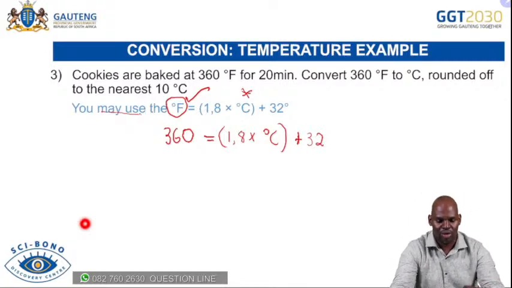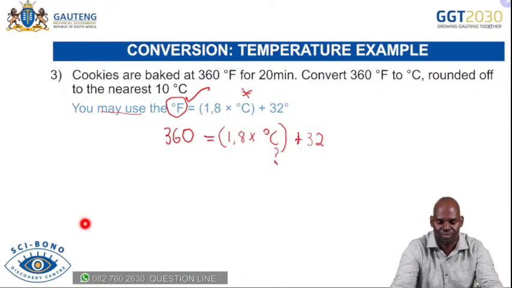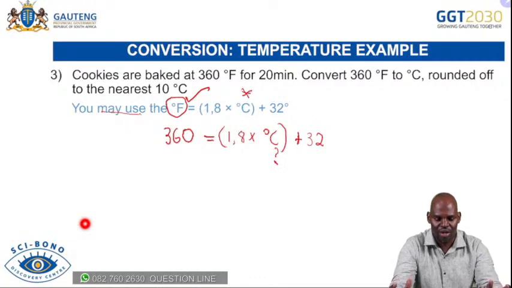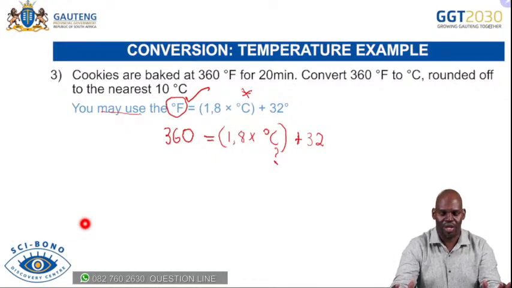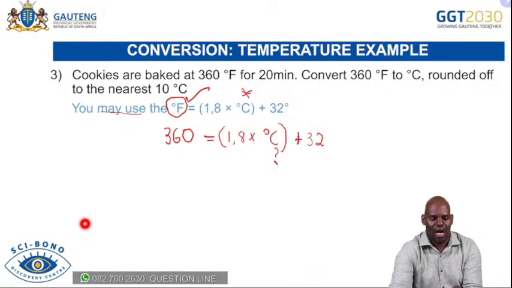Still, we have to find the value of degrees Celsius. So unfortunately, this is a bit mathematical, boys and girls. That is why I said you need to think a little bit. It's a bit challenging.